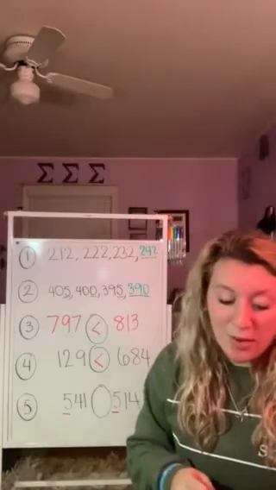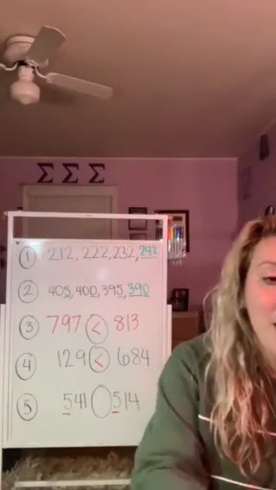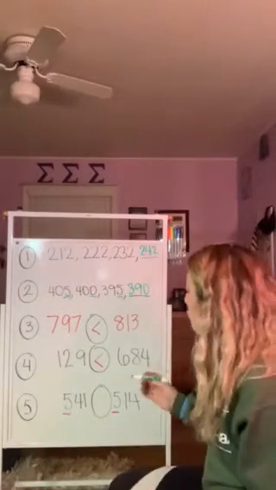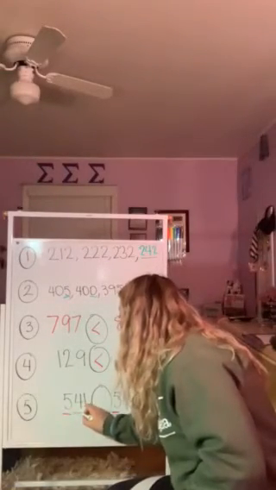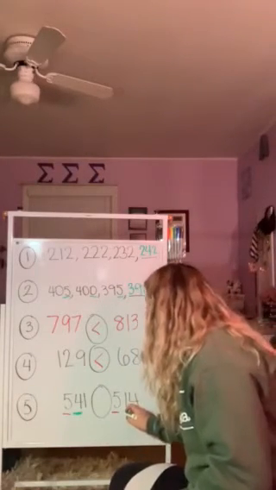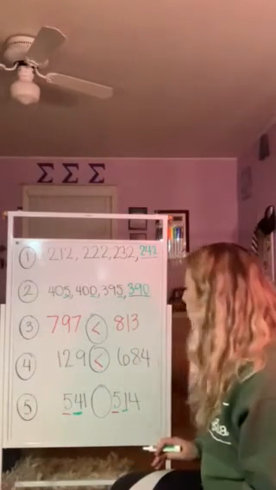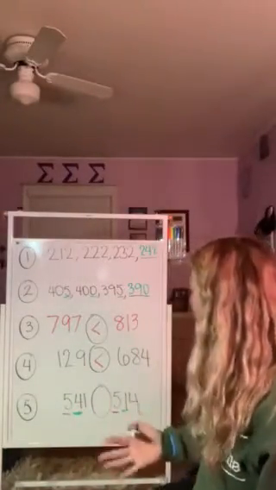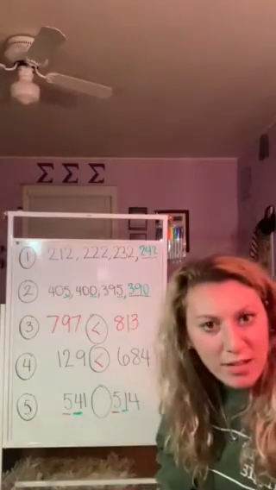So we have to continue to our next place value, which would be the tens place. In my tens place, 541 has a 4 in the tens place, and 514 has a 1 in the tens place. So, I think we figured out that 541 is bigger because it has more tens.